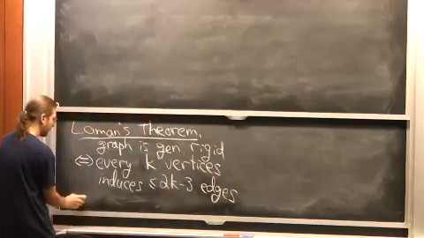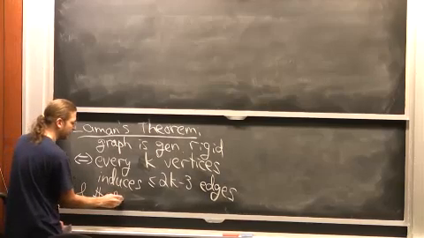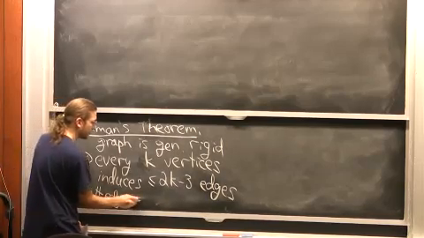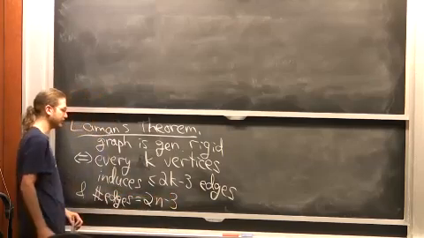That's part one, and you also need that the number of edges overall in the graph is 2n minus 3, where n is the total number of vertices.